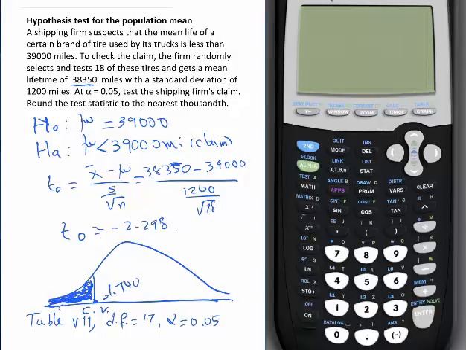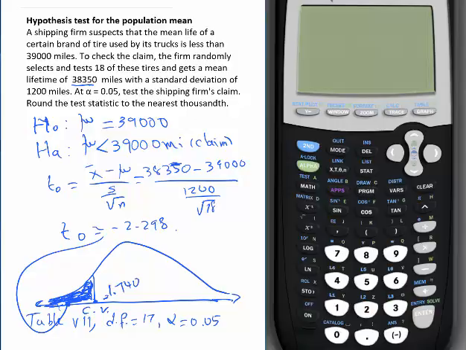1.740. Now, how do we make a decision to reject the null hypothesis or fail to reject the null hypothesis? We take this T0, which is negative 2.298, and place it on the number line right here. You would agree that this value is going to turn out to be right here because it's less than negative 1.740.